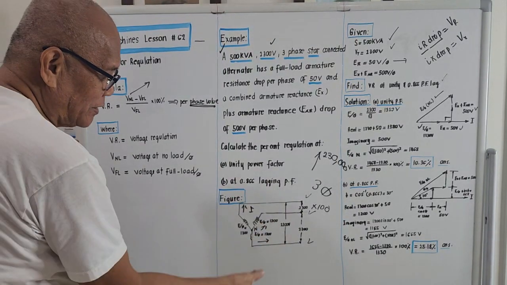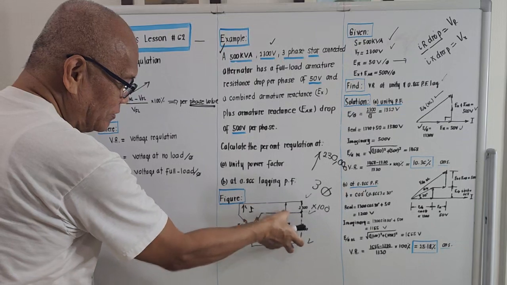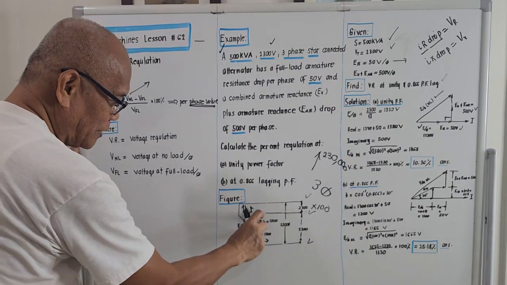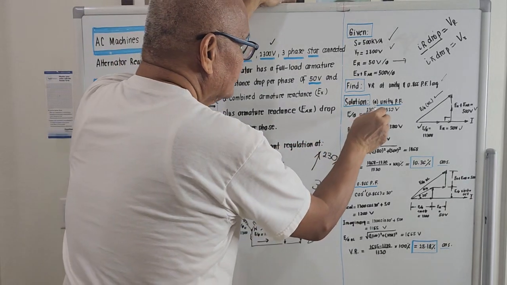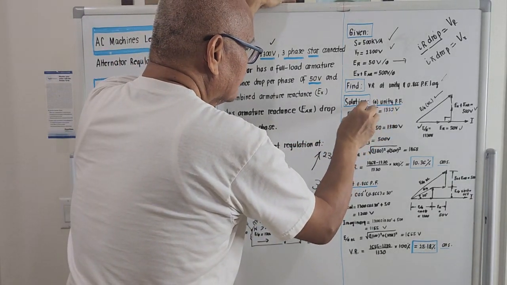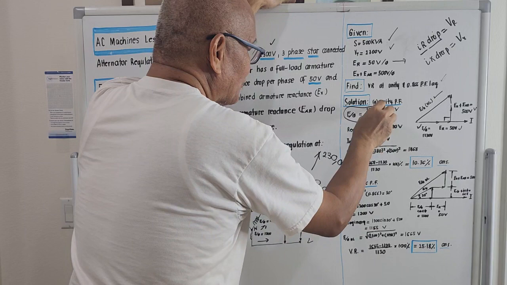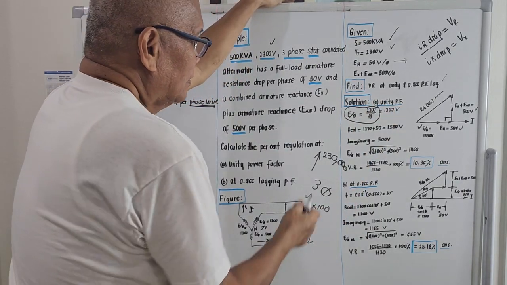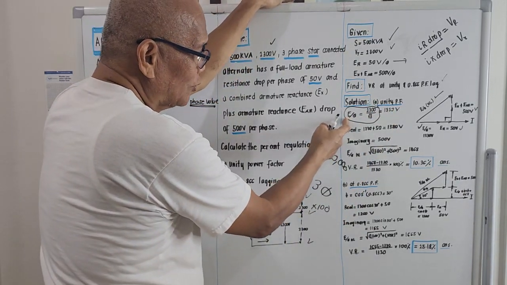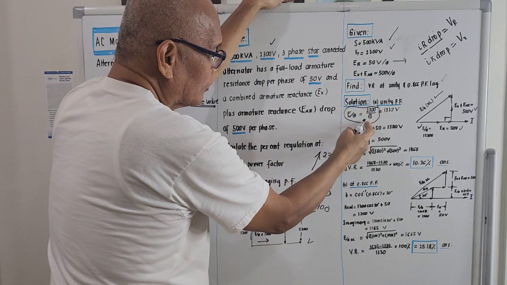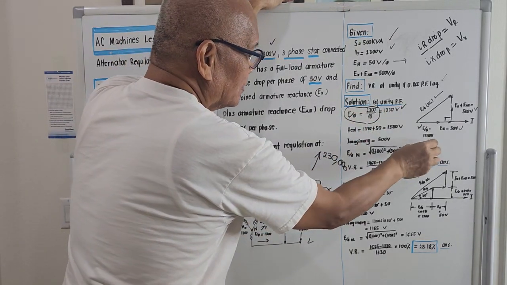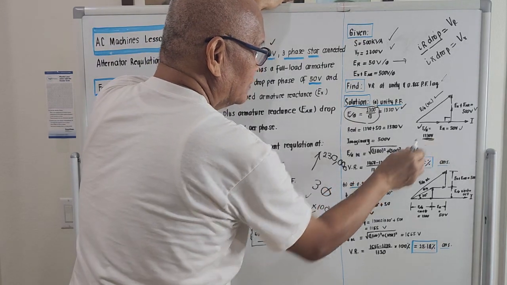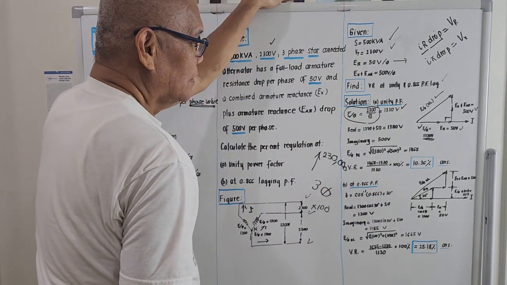For a star connected, if this is 2300, we could compute for the voltage per phase. Voltage per phase for a Y connection will be the line-to-line voltage over square root of 3, and that is 1330.